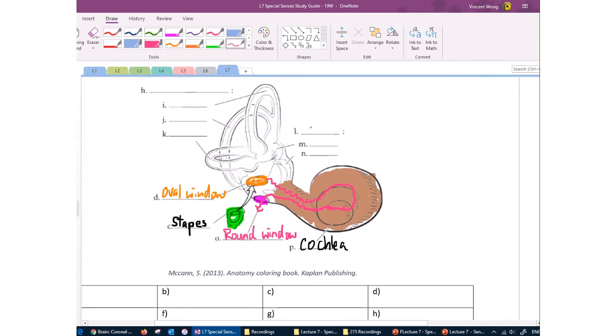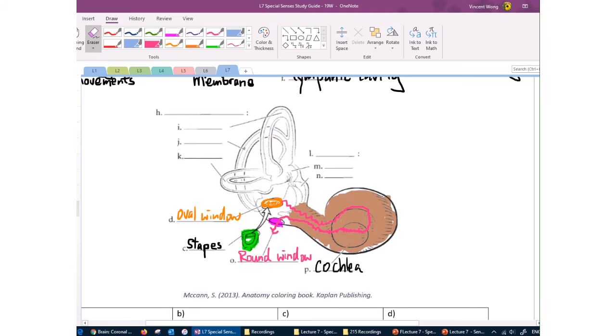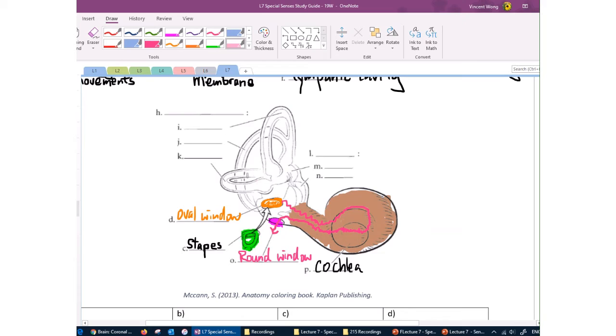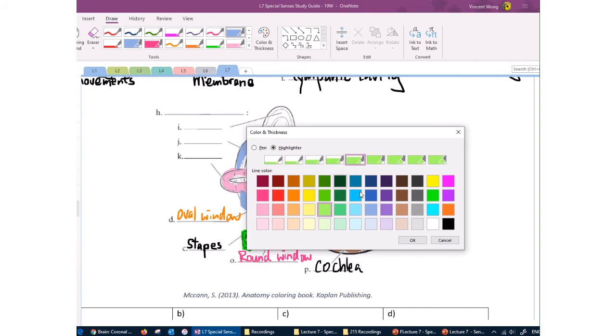Now, over here on the left side, we have 3 tubes, and these tubes are going to be responsible for detecting head movements. So there is the lateral tube here. There is the posterior tube, and there's one more over here.